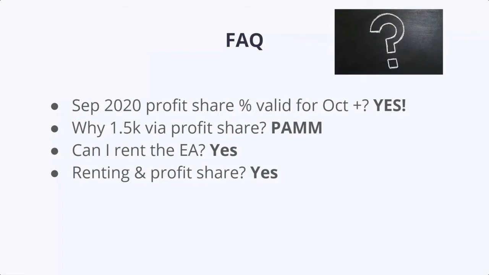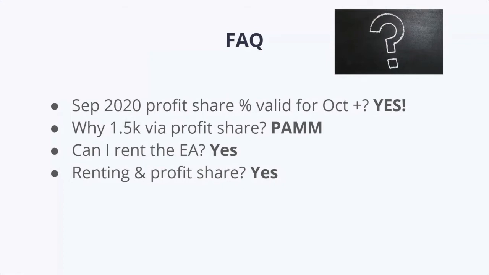Why is 1.5K the minimum for the profit share model, but 2.5K is the minimum for renting it? That's because of the pool of traders that are trading it, and there's more capital available. So it's a percentage. PAM is a percentage allocation method. So that's why it's possible to do that.